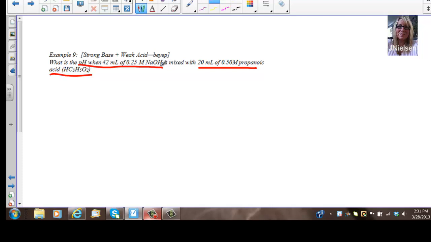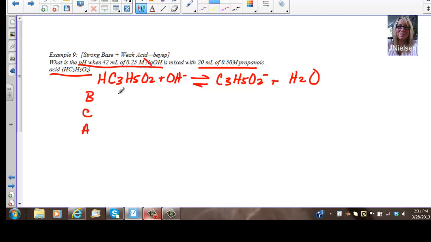I'm using the same thing, just changing it up a little. I'm not interested in the Na, so it's simply going to be HC3H5O2 plus OH minus yields C3H5O2 minus plus H2O.